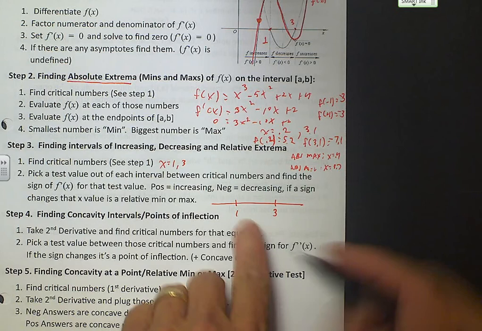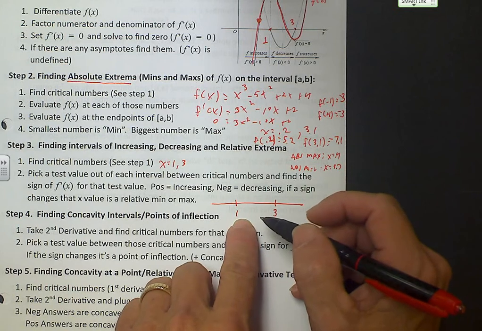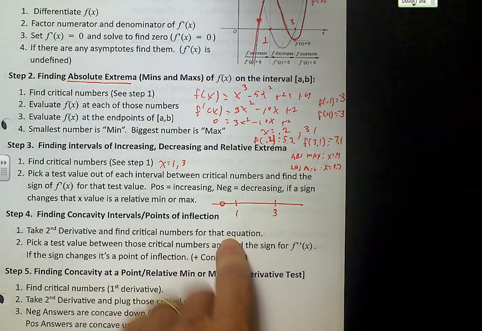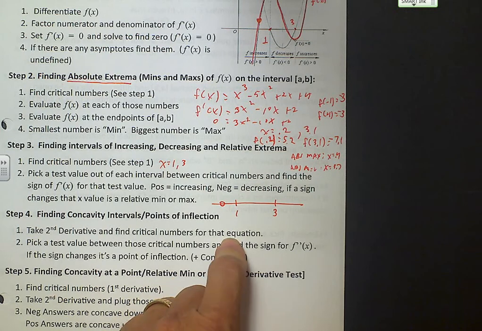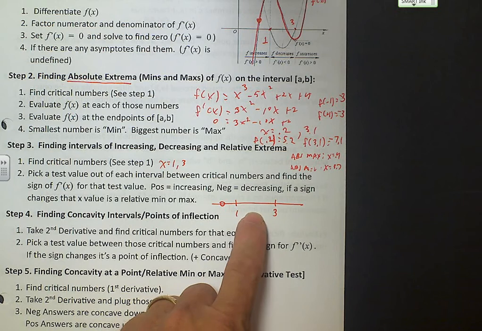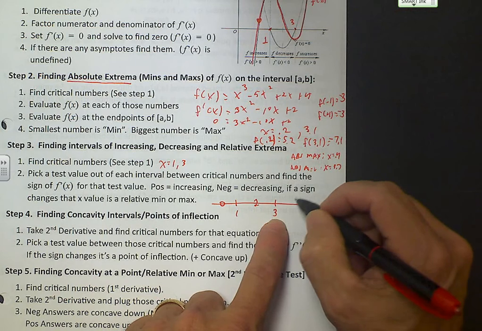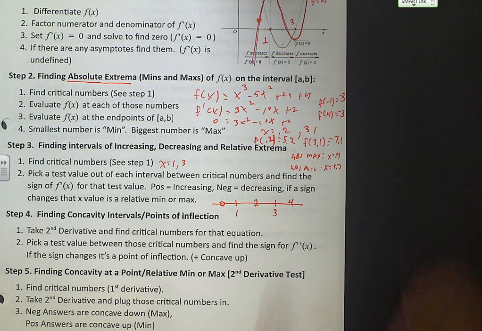What is a number left of 1? Zero. I like to write those actually on the line. That's the number I'm evaluating at. What is the number between 1 and 3? 2. What's the number bigger than 3? 4.